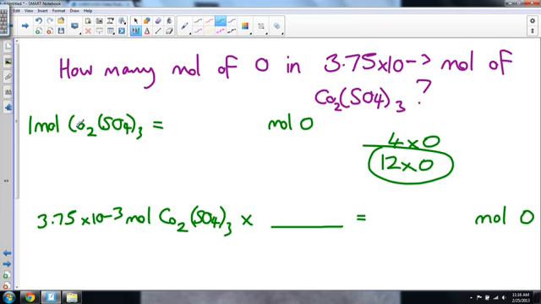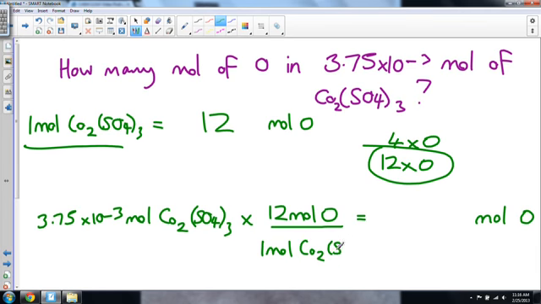So that means then if we have 1 mole of cobalt-3 sulfate, in there are 12 moles of oxygen. So when we write out our conversion factor, can everybody see that we've got to have 12 moles of oxygen on the top for every 1 mole of cobalt-3 sulfate.